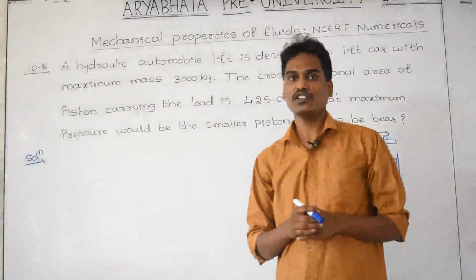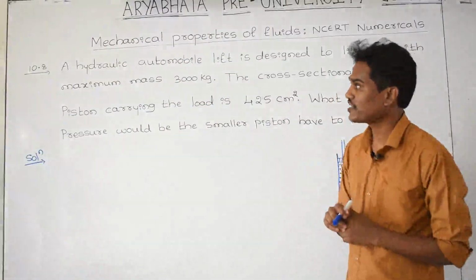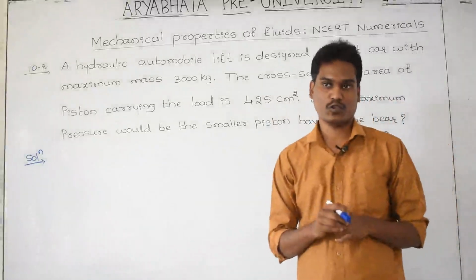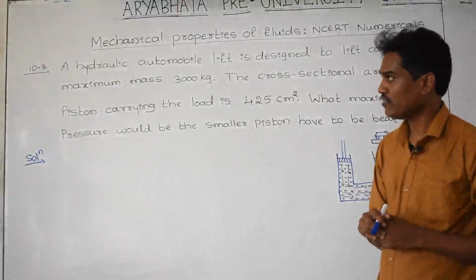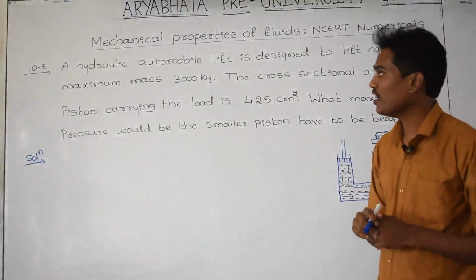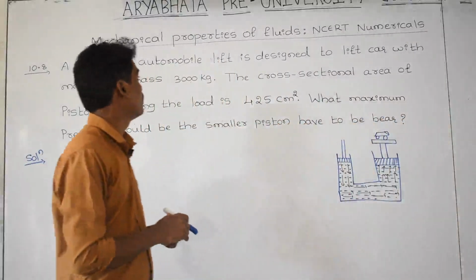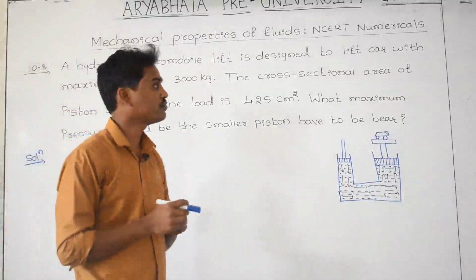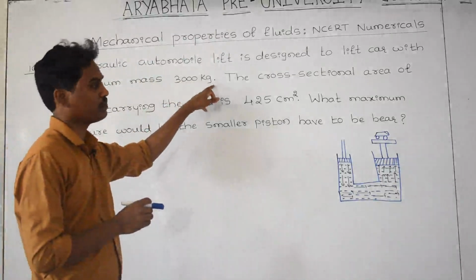Okay, good morning students, and today we'll see exercise number 10.8, mechanical properties of fluids. Read the question first, what he has given. A hydraulic lift, a hydraulic automobile lift, is designed to lift a car with a maximum mass of 3000 kg.